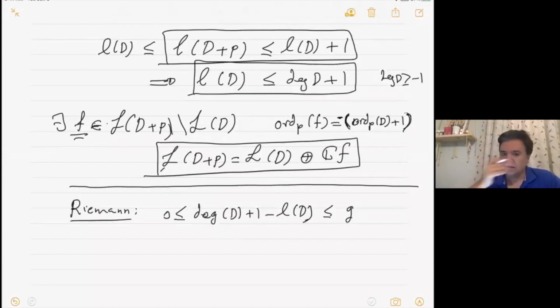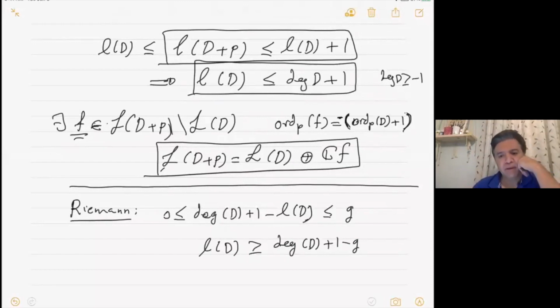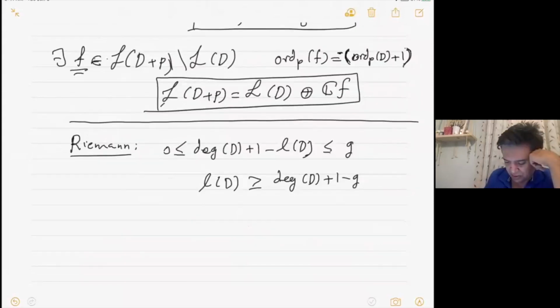So it says that L of D is bigger than or equal to degree of D plus 1 minus G. And how much bigger it is, that's the part that comes into play.